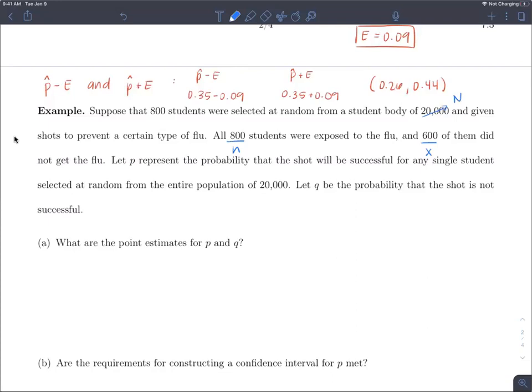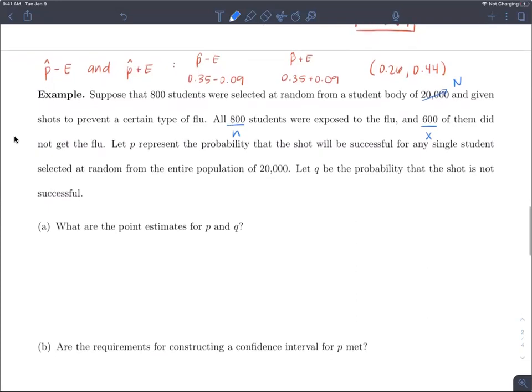The shot was successful if a student did not get the flu, right? So the first part is, what are the point estimates? The point estimate for p would be p hat, and that's going to be x over n, which is 600 over 800, or 6 over 8, or 3/4.